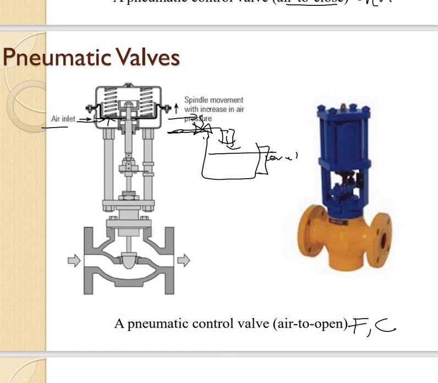If we use a fail open valve, which is air to close, the fluid will keep being fed into the tank. It will cause the level to increase beyond its limit. So that shows why engineers design these two types of control valve.